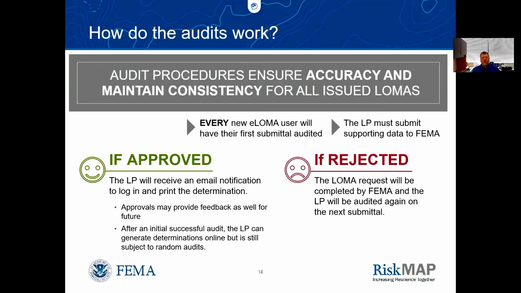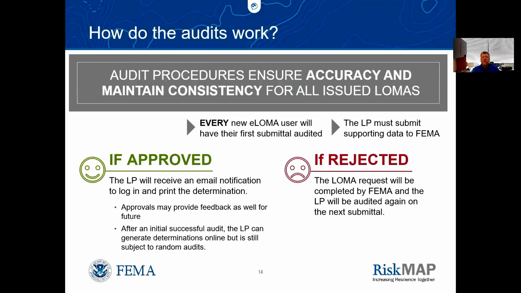FEMA does this to make sure those new users understand what's required of them, particularly the requirements for the supporting data and all of the information they need to enter for the application. If it's approved, the licensed professional receives a notification email to log in and generate their final determination.